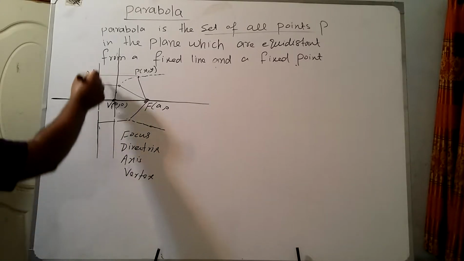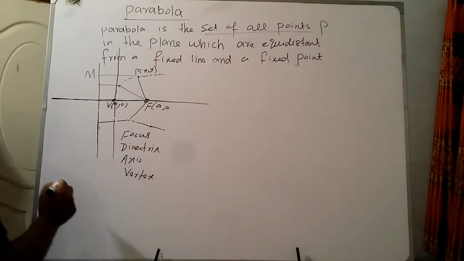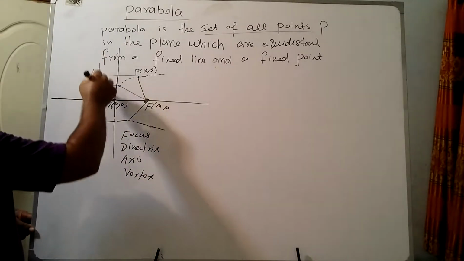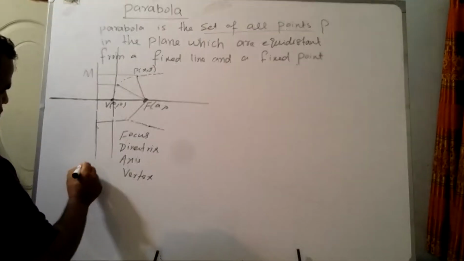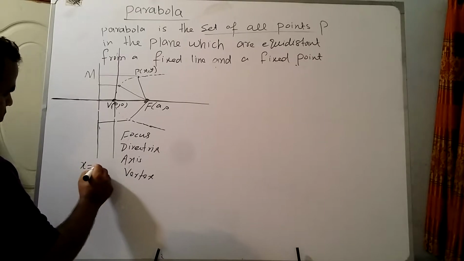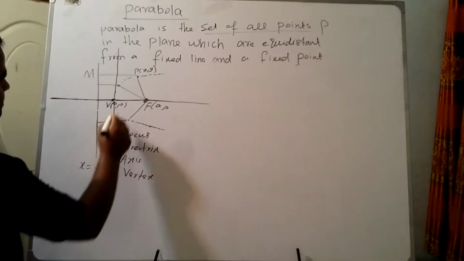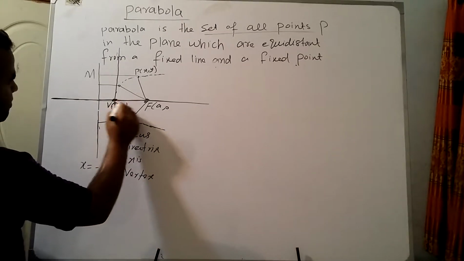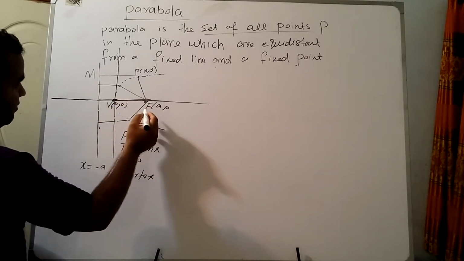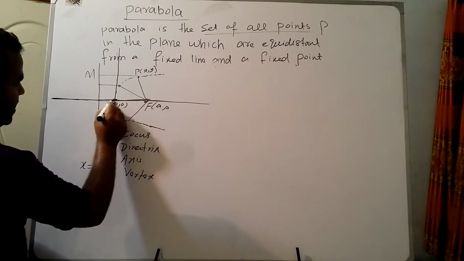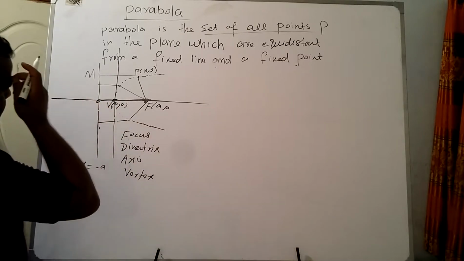This is the directrix line, and since this line is cutting the x-axis, it will be x equals minus a, because this is (a, 0), and according to the definition this distance and this distance will be the same, equidistant.